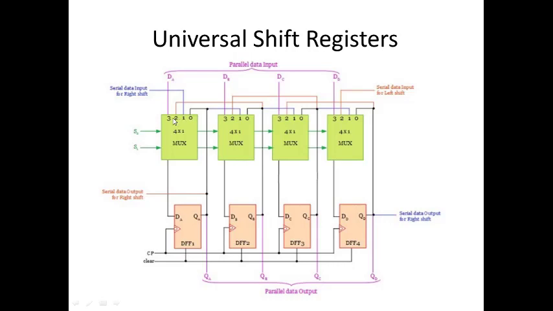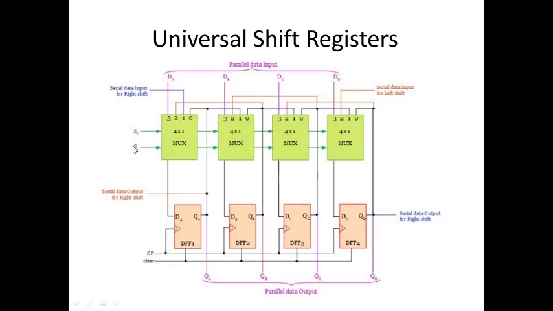That is what we are going to do. With the help of the select lines, whatever data is present in 0, 1, 2, 3 will be transferred to the mux, and the output of the mux will be connected to the flip-flop input.